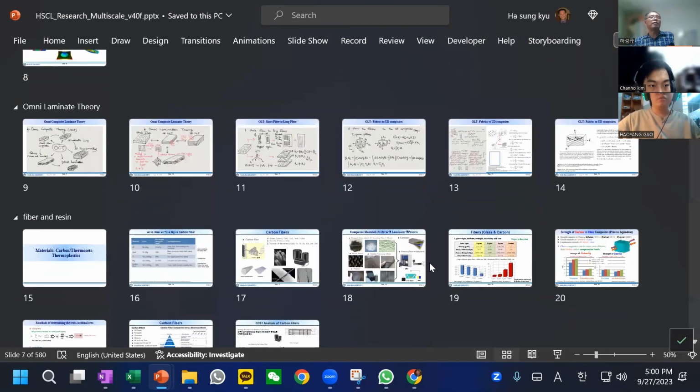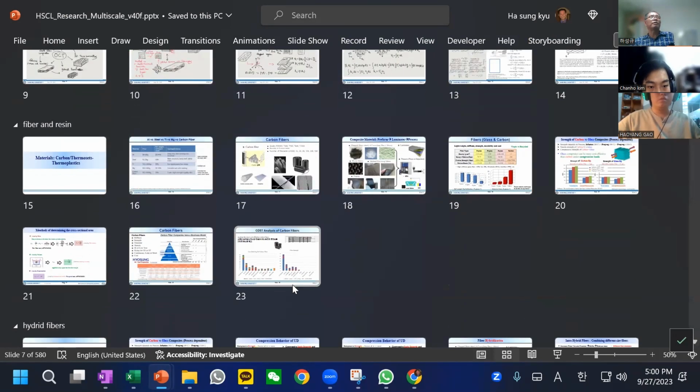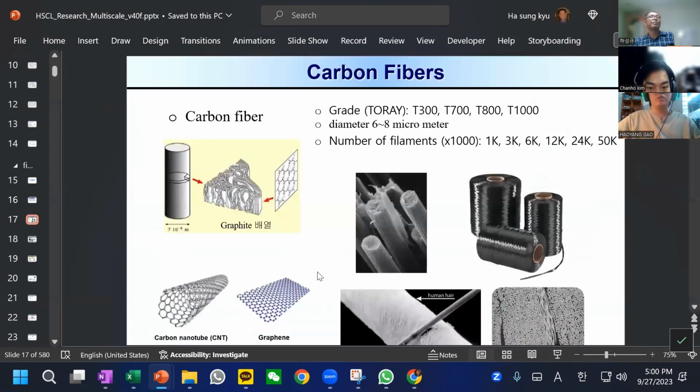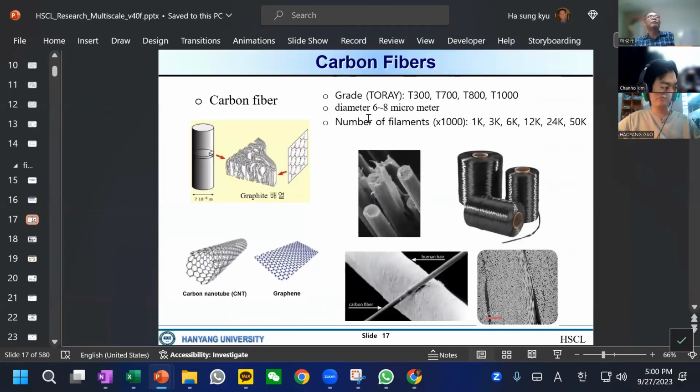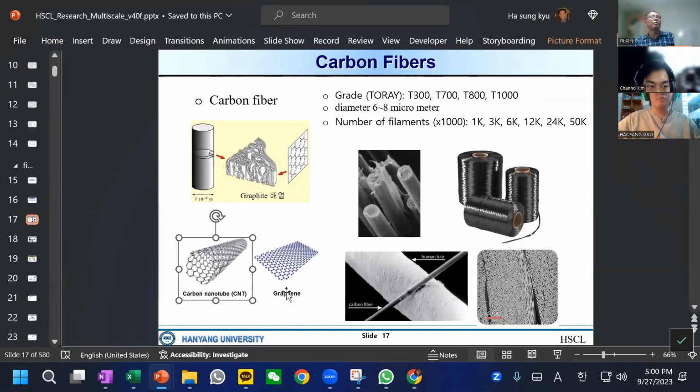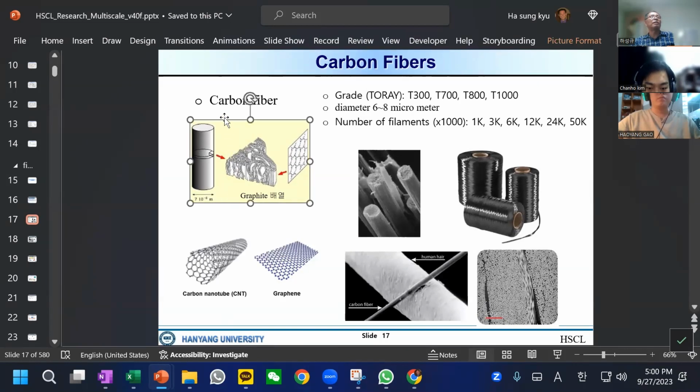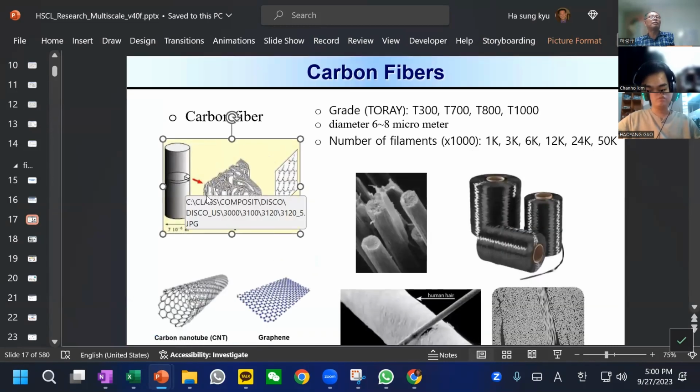So understanding of thermoset and thermoplastic is very critical. We already covered the carbon fiber. One thing I would like to emphasize is that I'm sure you have heard a lot about graphene or CNT, and they are all carbon, but the only difference is that the layer is different.